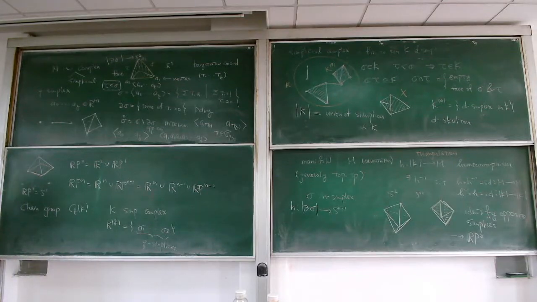For instance, in this example, this is a simplicial complex, and K2 is bounded by these 1, 2, 3, 4. So there are 4 faces, sigma 1, sigma 2, four two simplices.